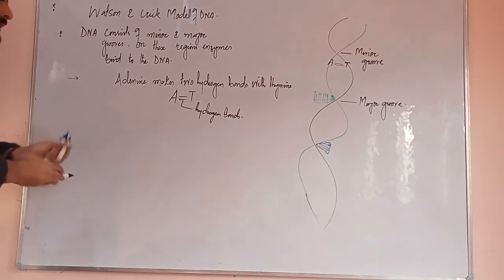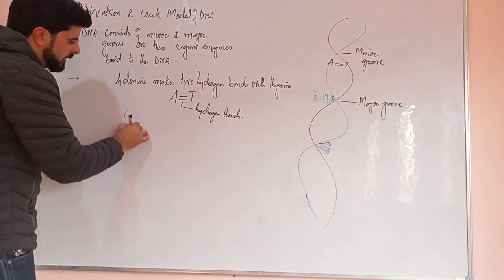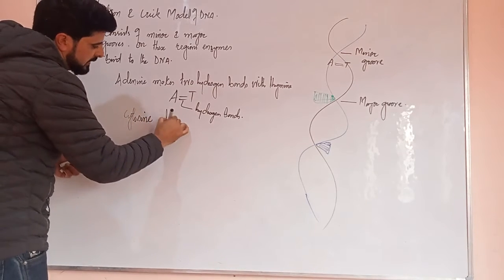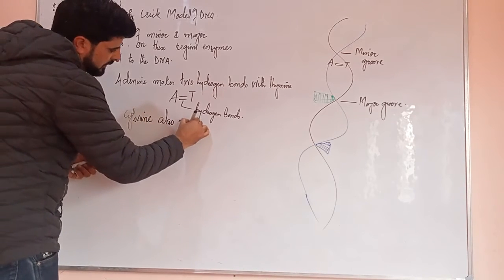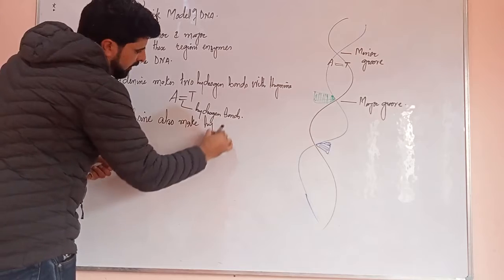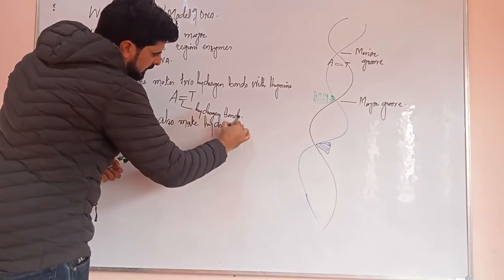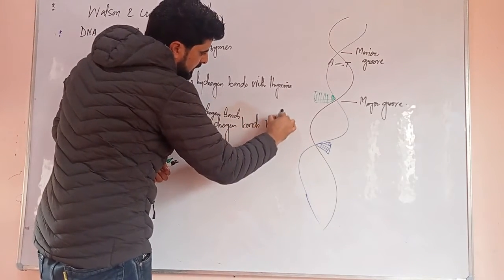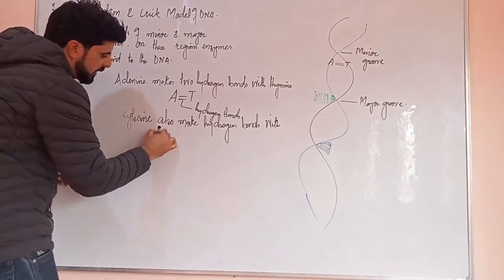Similarly, cytosine also makes hydrogen bonds with guanine.